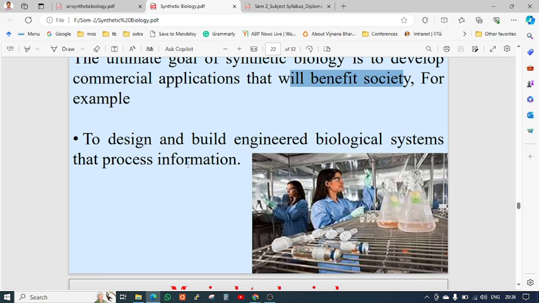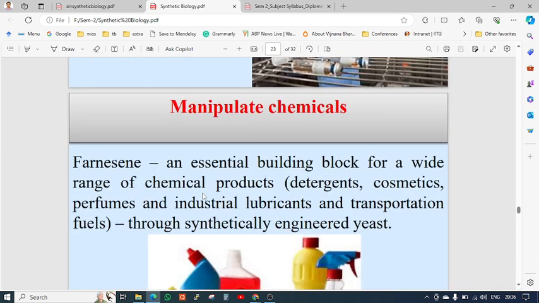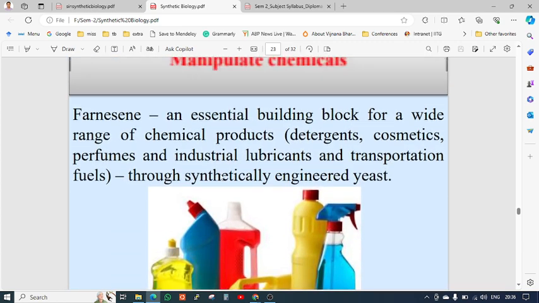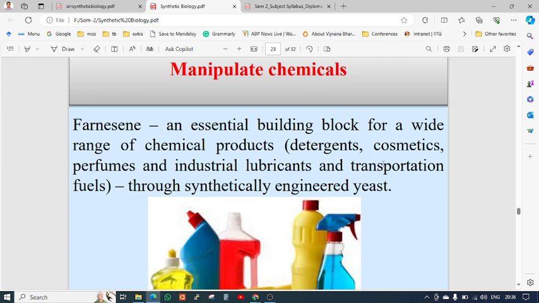To design and build engineered biological systems and process information. Manipulate chemicals, for example, fragrances, the essential building blocks for a wide range of chemical products: detergents, cosmetics, perfumes, industrial lubricants. All these things can be synthetically engineered using yeast. These are the chemicals which can be produced by this yeast.